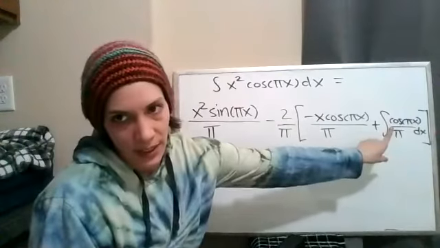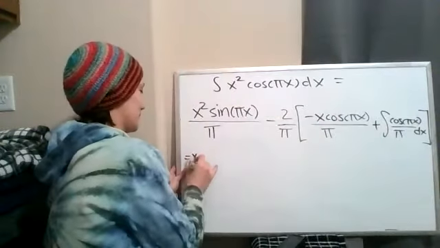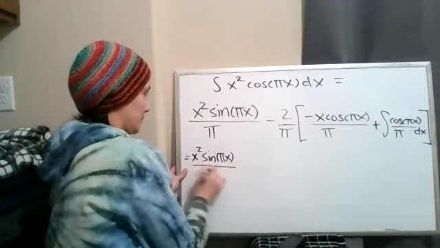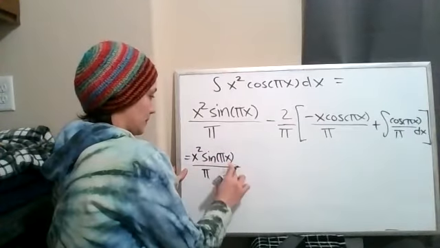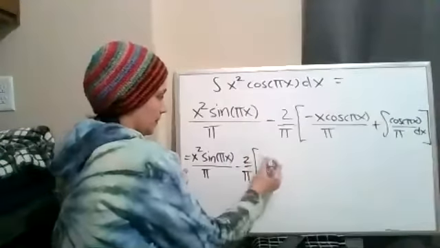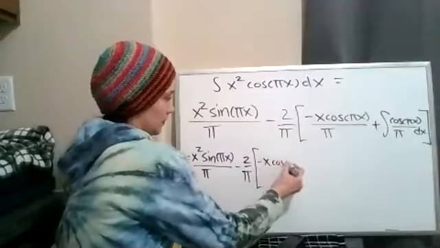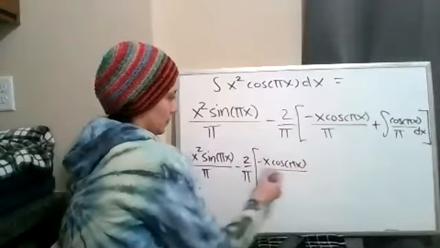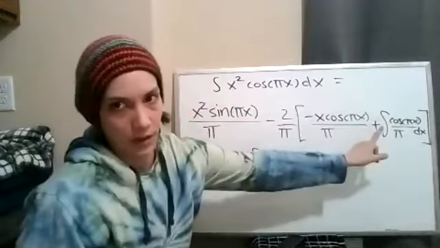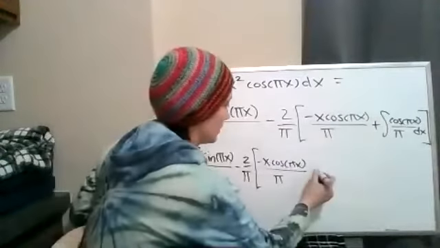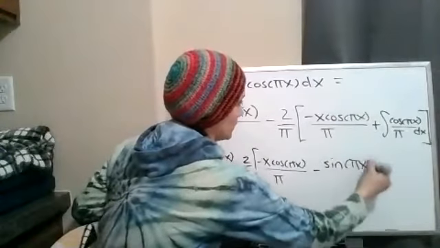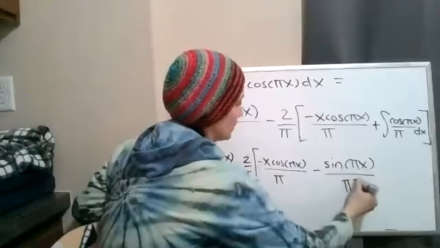We're going to just work this out right now. So minus sine of pi x over pi squared.